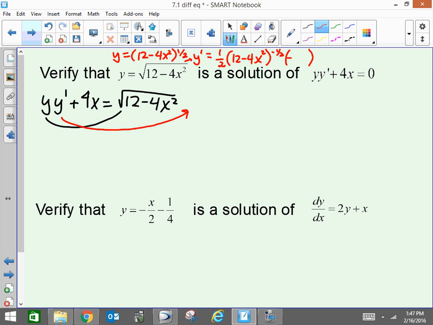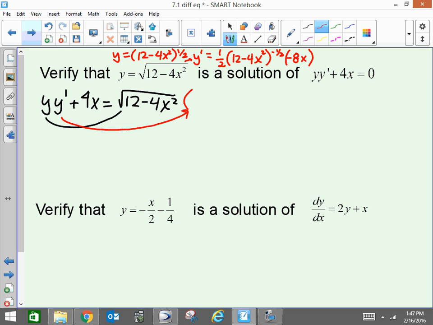Negative 8x, derivative of the inside. That's like the power rule if you don't want to use the chain rule. It's technically the chain rule. You take the 1/2, pull it around, power rule, decrease it by 1, and then take the derivative of the inside. You can spend time and do the chain rule if you need to.